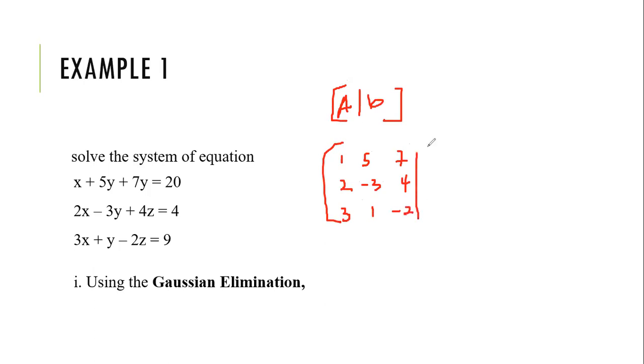Then you have the solution, which will be 24 and 9. So that is the first step in the Gaussian elimination technique. At this point, I advise you to get your calculators with you before we proceed.